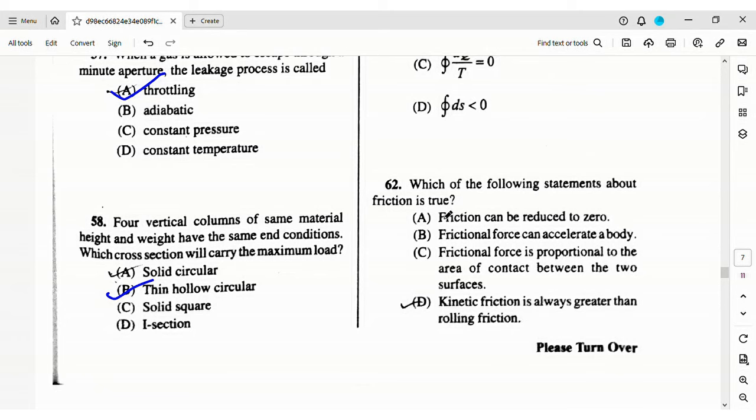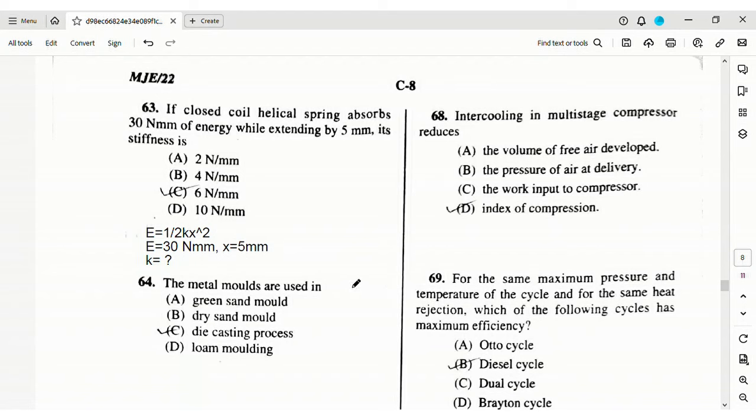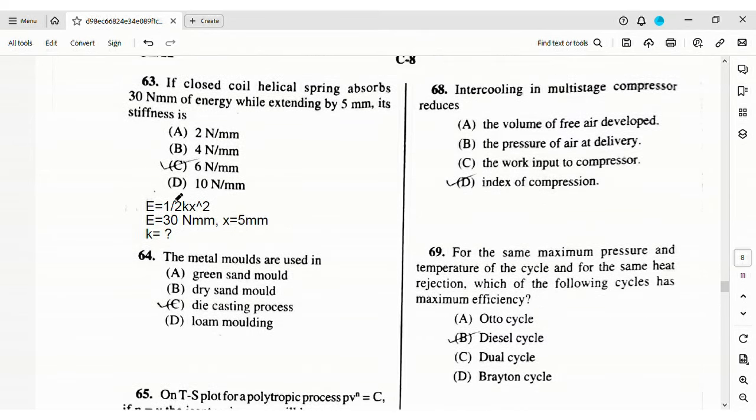Which of the following statements about friction is true? Kinetic friction is always greater than the rolling friction. 63. If a closed coil helical spring absorbs 30 Newton meter of energy while extending by 5 mm, its stiffness is. Initially we know that the energy equals half of k x squared.